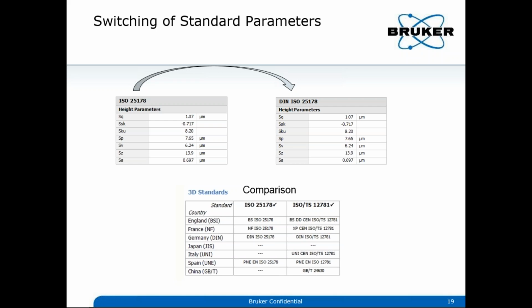And there are other standards available, including Japan, China, England. So should you need to switch the parameter to the similar parameter in other standards, you can do that easily in the software.